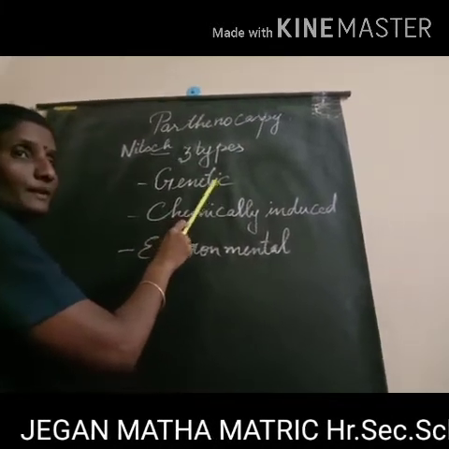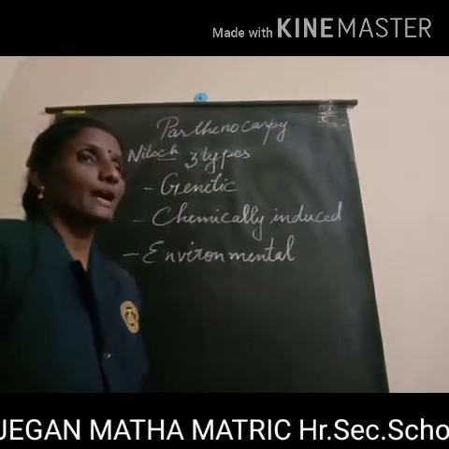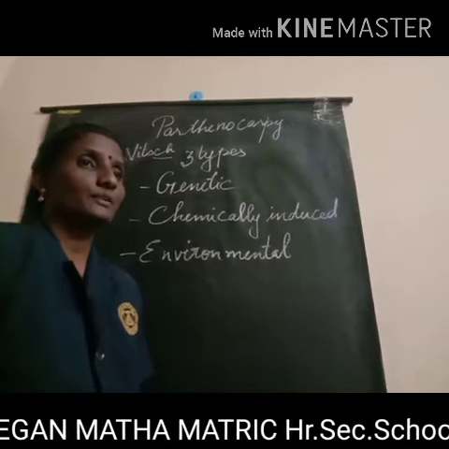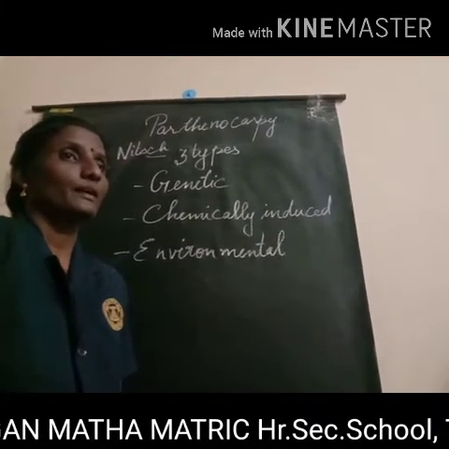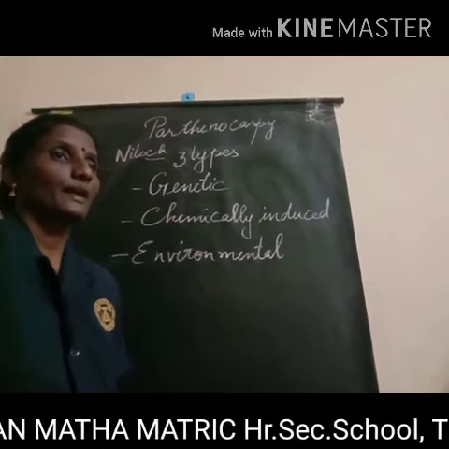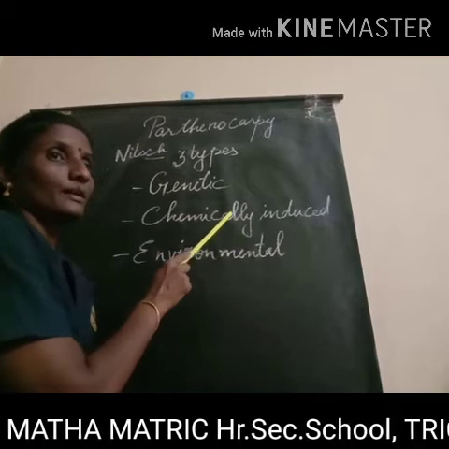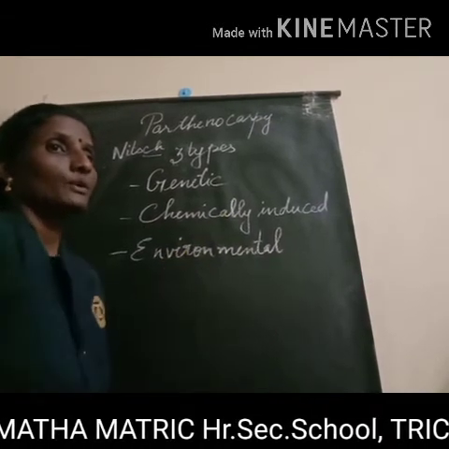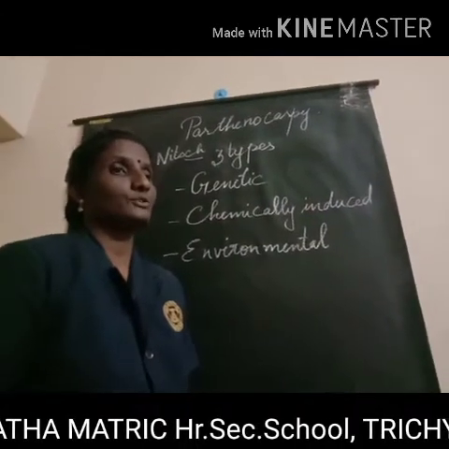Genetic parthenocarpic fruit arises due to hybridization or mutation. Mutation means a sudden change in the chromosome. Example, citrus. Next is chemically induced parthenocarpic fruit. Here, a growth promoting substance is applied to the plant.